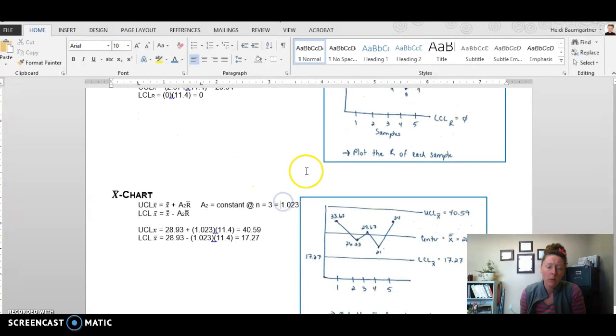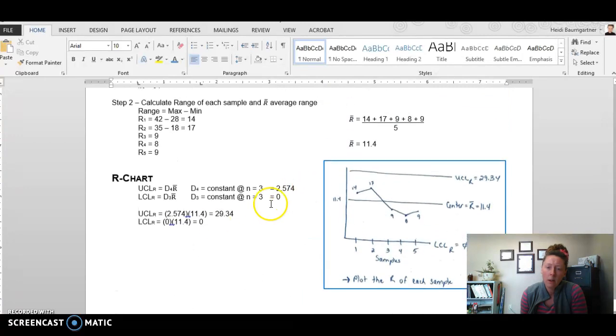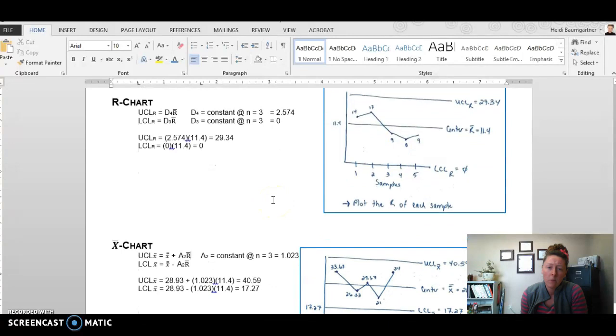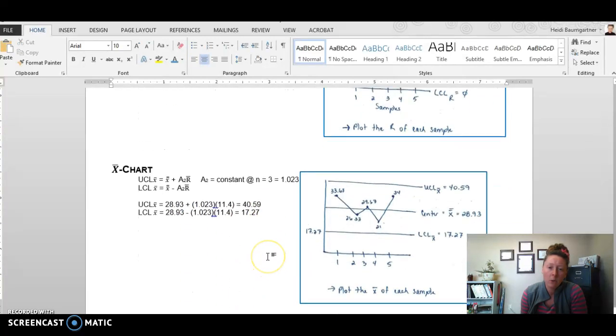So we put 1.023, and the R bar we calculated is 11.4. We plug these values in and do the math. The upper control limit is an addition, while the lower is a subtraction. And we get 40.59 and 17.27.